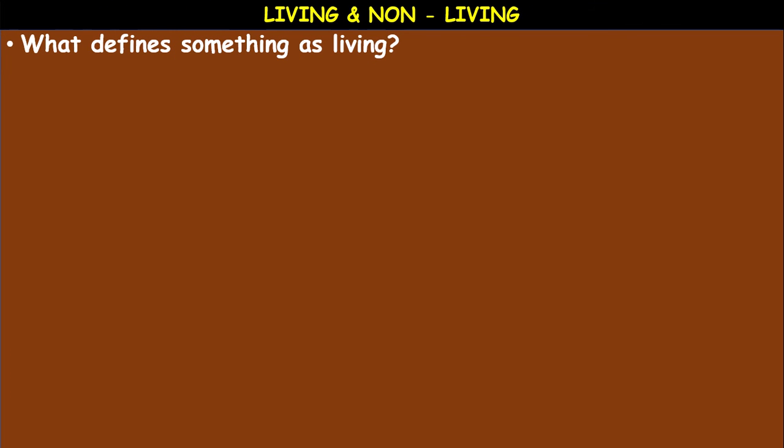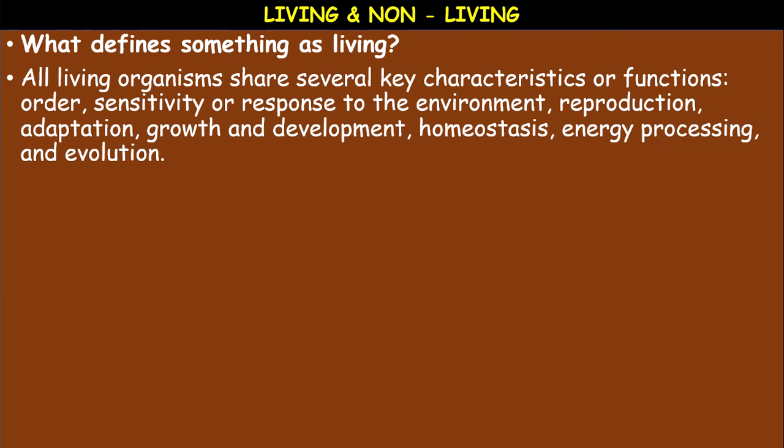So, what defines something as living? All organisms share several key characteristics or functions: order, sensitivity or response to the environment. Sensitivity is also called response to the stimuli or environment. Reproduction, adaptation, growth and development. Homeostasis, it is a new term. Children, let us discuss this term.